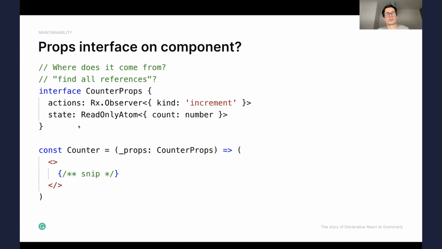It's not that easy to do, especially when this code can be in another repository. So some other team may use this counter component, and they would use another type of model or a state manager, and it will be hard to understand where things are connecting together.